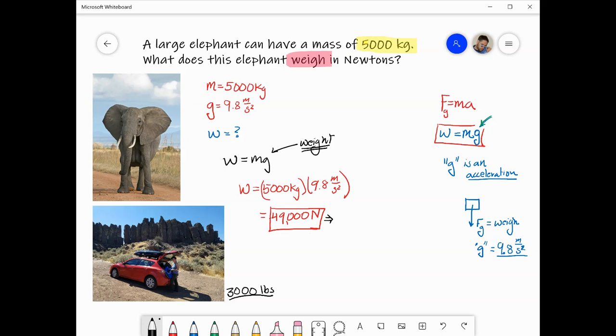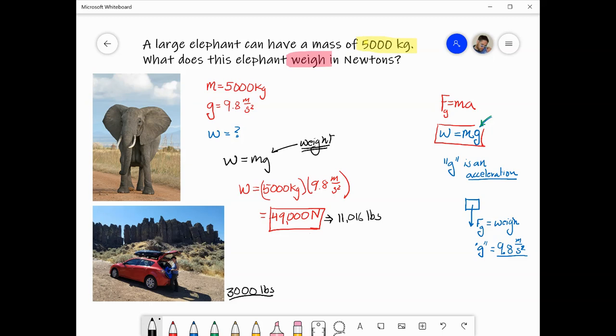And what you'd find is that this number is approximately 11,015 or 11,016 pounds. So this is the elephant in newtons, and this is the elephant in pounds.